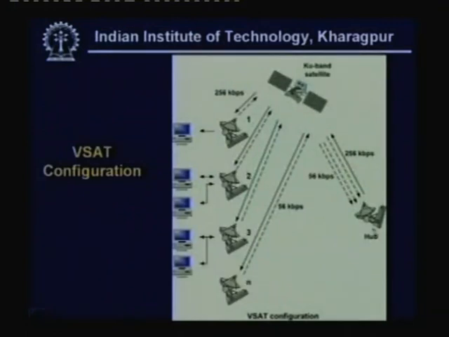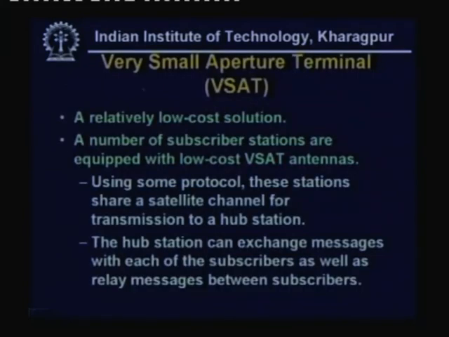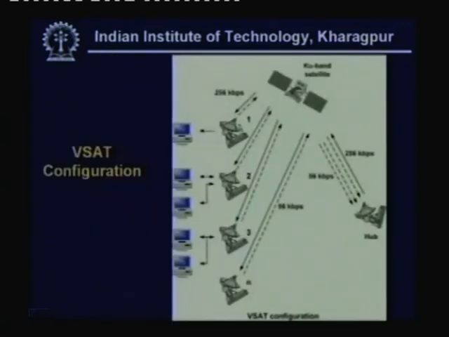This is the typical VSAT configuration, and this is the hub. Here you have got the hub, and these are the ground stations. Here, as you can see, the size of these antennas is small. That is why the name has come. VSAT stands for very small aperture terminal. By very small aperture, we really mean the diameter of these antennas will be quite small compared to the hub.